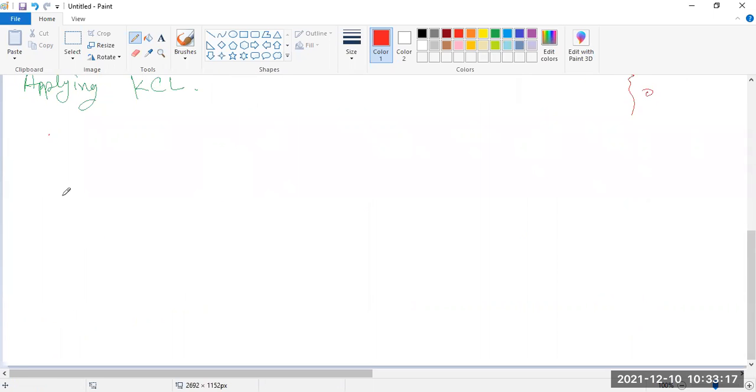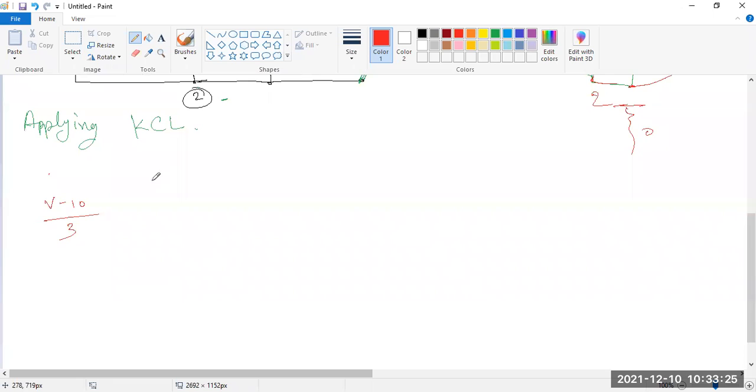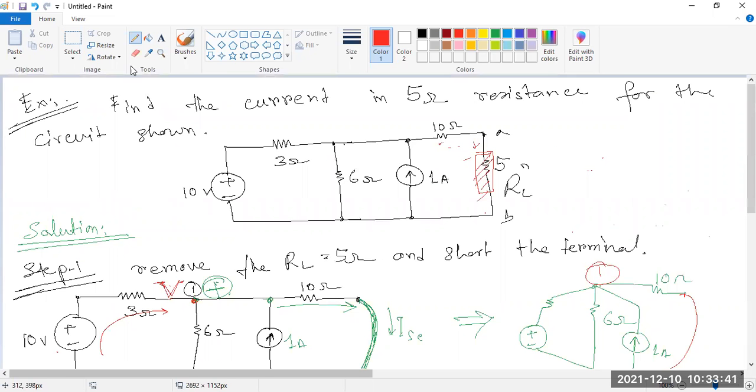So that is (V minus 10) divided by 3, because this resistance was 3, plus V by 6 for this resistance, positive to negative. Sorry, current is not flowing in this direction; it flows from higher potential to lower potential, coming here.